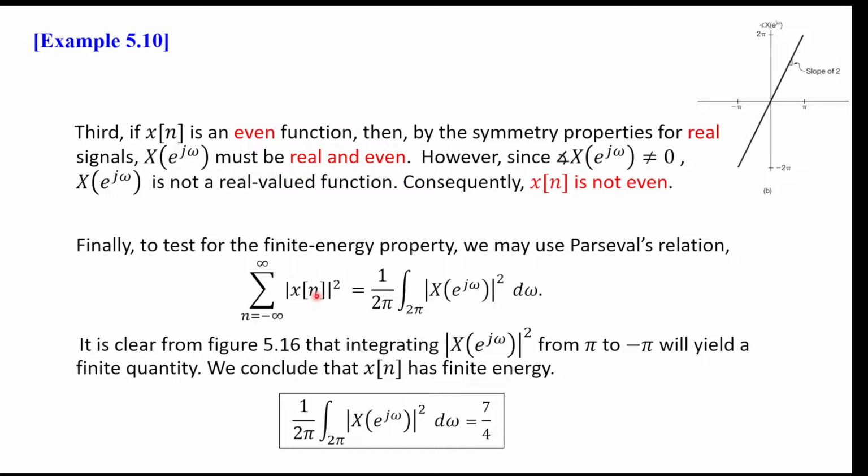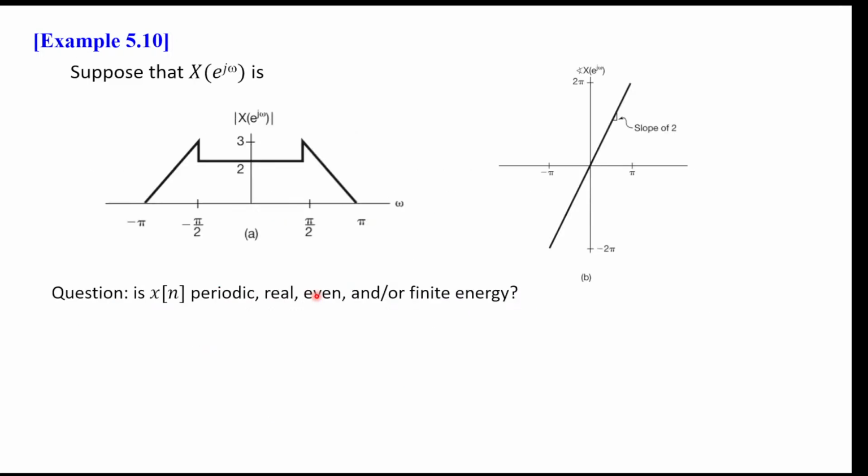Okay, so x[n] is not actually an even function. I think even/odd is actually an easier question than real or imaginary. In the time reversal property, we say that x[n] is an even function if and only if big X is an even function.